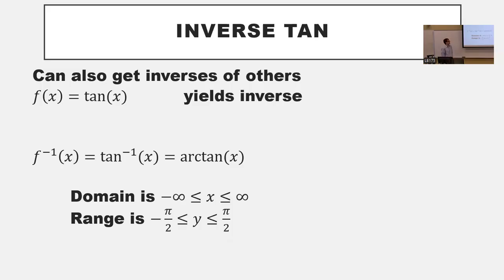Now for our tangent, we've done sine and cosine. It turns out that tangent works best when we limit the inputs of tangent to negative pi over 2 to positive pi over 2. And so when we do an inverse tangent, our outputs are going to be from negative pi over 2 to positive pi over 2. So tangent works with the same range and domain as cosine.